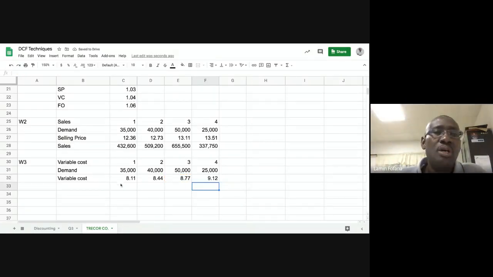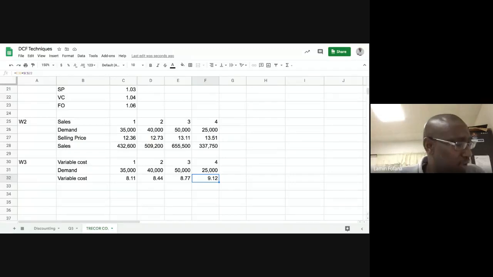Okay, so for the variable cost, it's just the same as the sales. We have the demand. Okay, the first year is going to be 7.8. That's the 7.8, the rate at year 0. Okay, multiplied by the increment. The increment is what? C22, 1.04. Okay. And then year 2 is going to be the value for year 1 multiplied by 1.04, and so on and so forth.